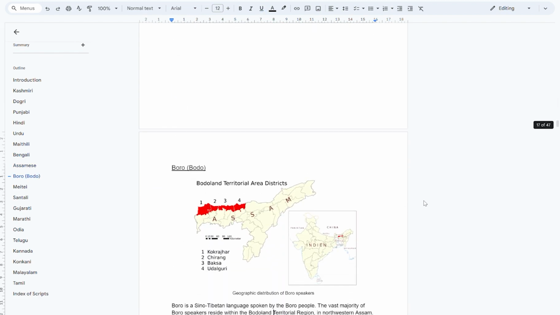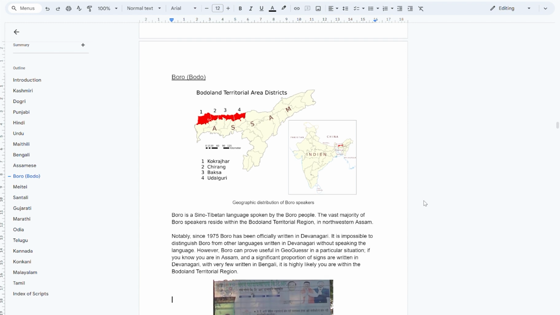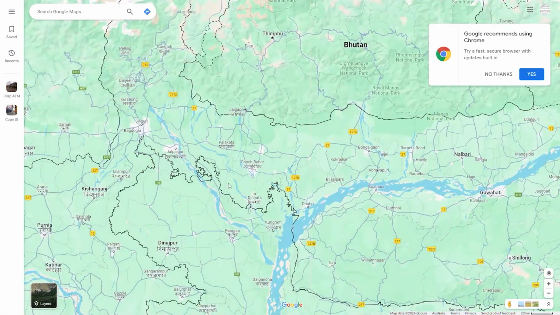So, moving on, next we have Boro, or Bodo. This is a pretty niche one, but I think it's actually kind of useful if you know you're in Assam. So, Boro is a Sino-Tibetan language that's spoken by the Boro people who live in the Bodoland territorial region in northwestern Assam.